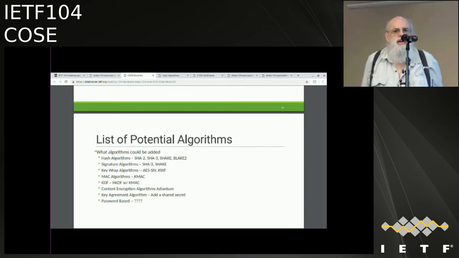Saying I want to add KMAC is unfortunately not a sufficient answer. You have to say, do I want to do it with HKDF? Do I want to do it plain? Do I want to have an implicit tied together, or do I want to do a Chinese menu for doing key agreement plus KDF plus key derivation?